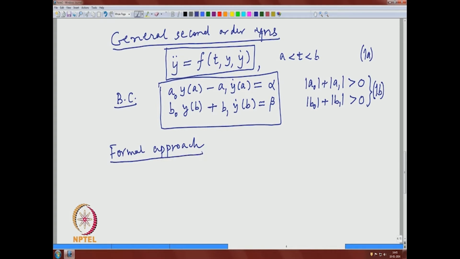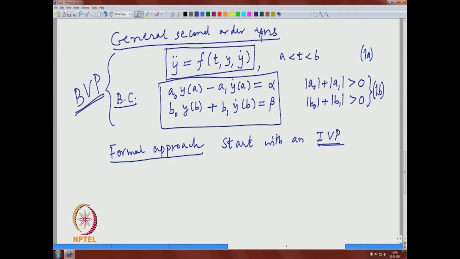So, we start with an initial value problem. So, this is the BVP that we want to discuss, and we start with an initial value problem. What is the initial value problem? The equation is the same.